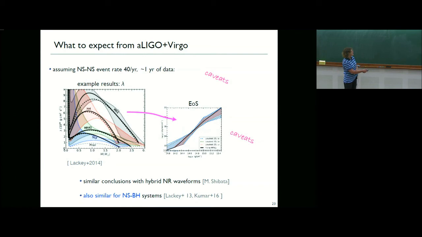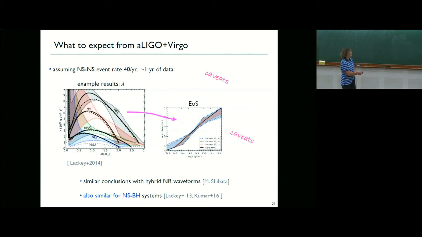How well can we measure it? The uncertainty in the measurements that they found is shown as these shaded contours. Around each lambda of M curve, they drew the shaded contour to say how well it can be constrained.